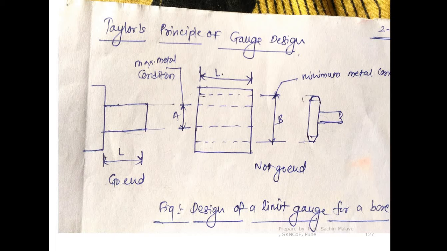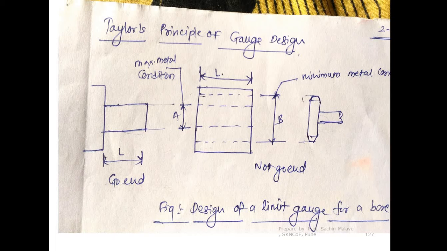That is, the go end of the gauge must go, or it must pass through this hole or through the shaft, and the no go end should not enter the hole. If both the conditions are satisfied, then and only then can we say that this hole is correct or this dimension is okay. So as per the definition, the go end must go at this position, and the no go end should not enter here.